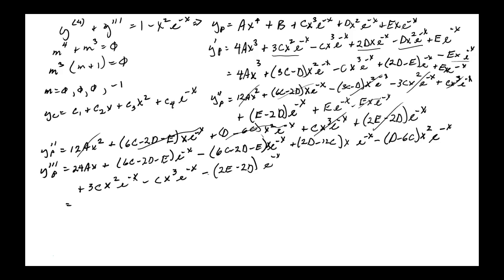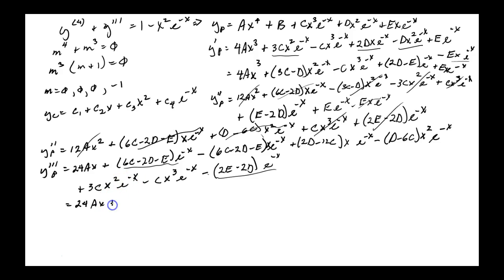And oh my goodness. The 24ax stands alone, so we'll write it down. 24ax. All right. Now this is a term with just e to the minus x in it. And I have this one. And this one. Two terms of that. So we got to combine all these together.